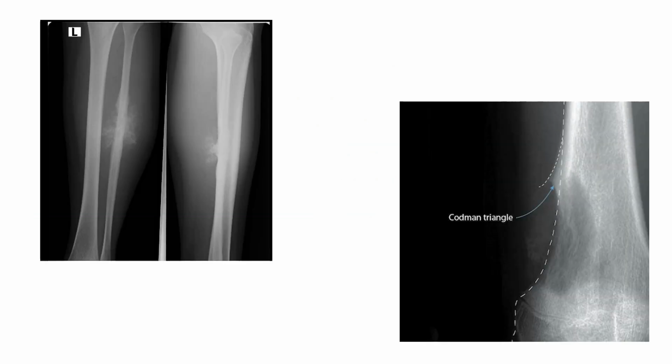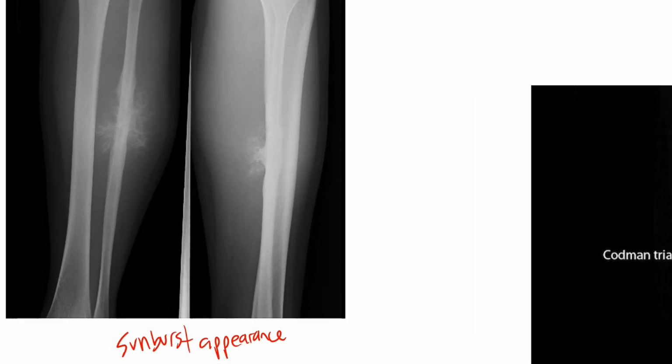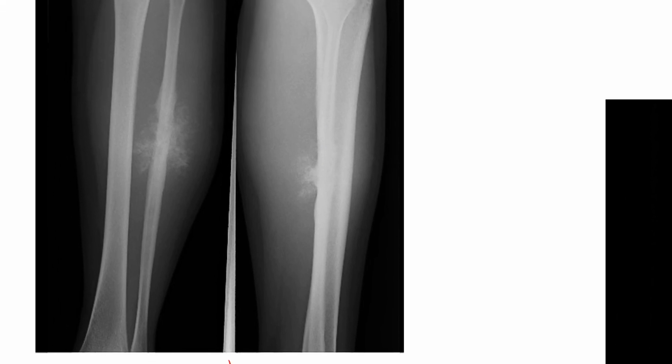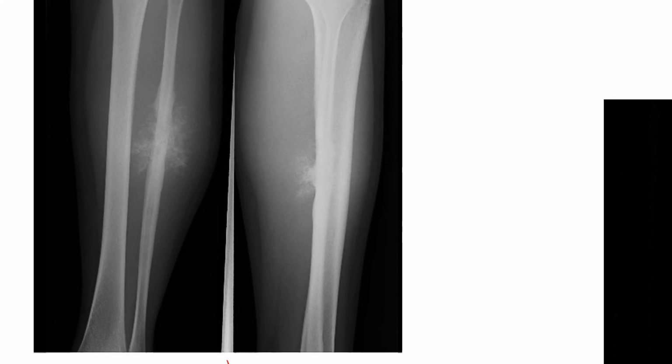So here are the pictures that we're going to talk about in reference to the sunburst appearance and the Codman's triangle. Over here on the left, this is the sunburst appearance. Now, I'm going to try to zoom in and show you an up-close picture. In this particular example, you're seeing that it's the fibula that's affected, and you can see the sunburst appearance.